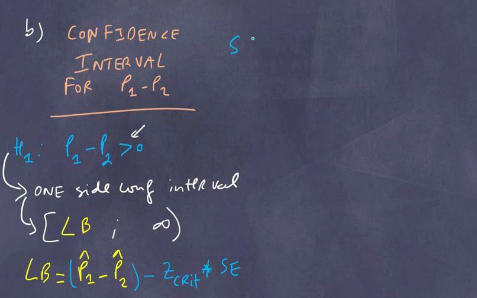The formula for the standard error used to compute a confidence interval for the difference of two proportions is P1 hat Q1 hat over N1 plus P2 hat Q2 hat over N2.